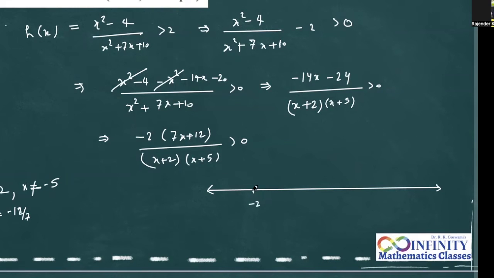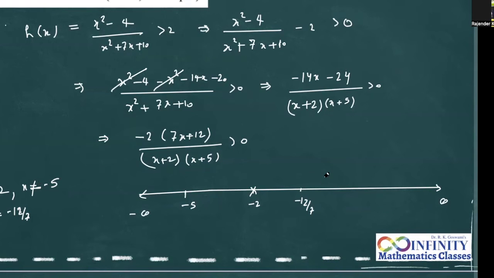So minus 2, the function is not defined. Minus 12 by 7. Another is going to be minus 5. Okay, so minus 5 should be somewhere here. Any confusion up to this point? No. So there will be 3 intervals you will be having.